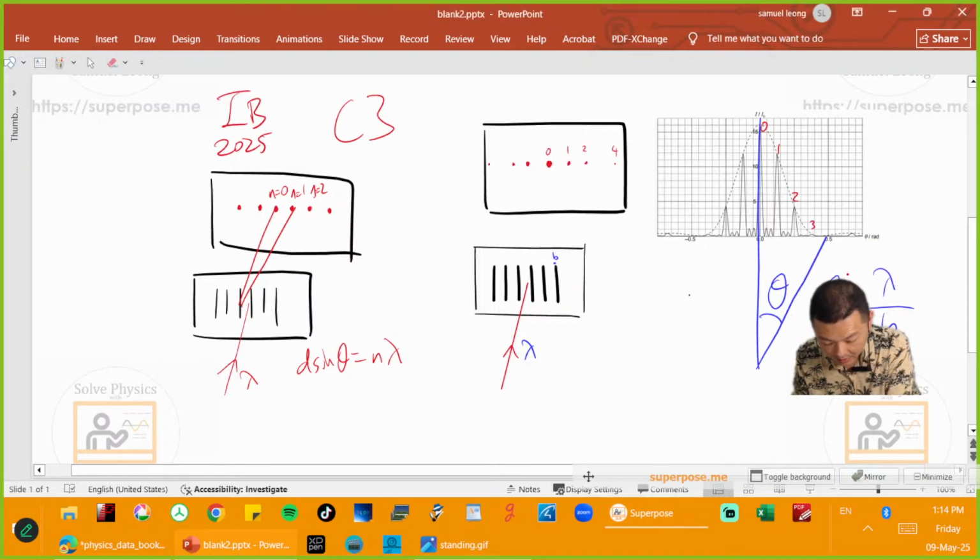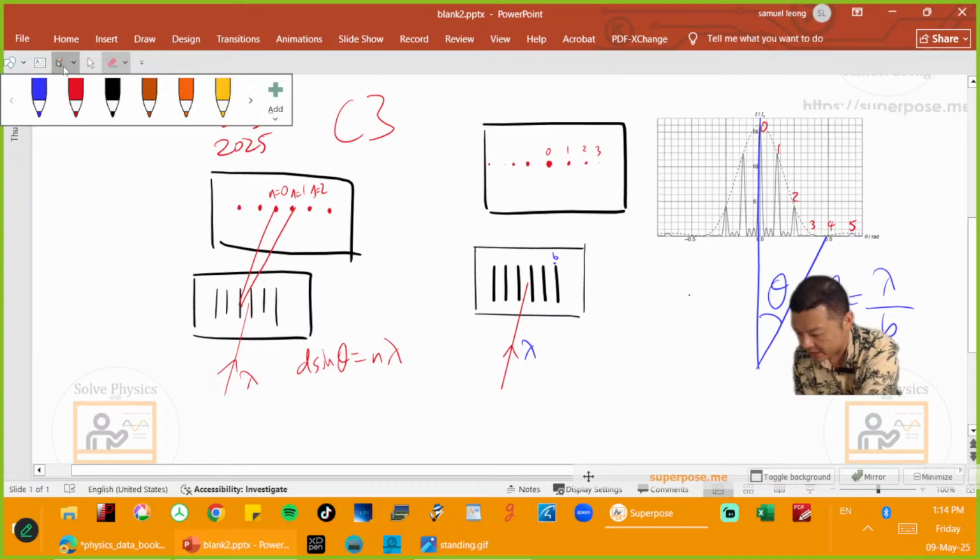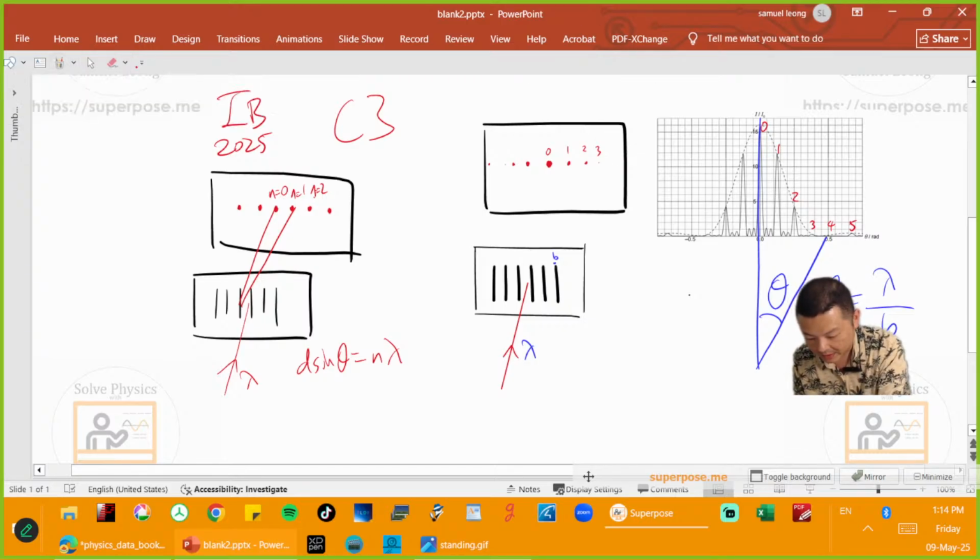So the fourth one is the missing one and the fifth one reappears later on. So it's basically the same as the original question, Jonathan's question. The fourth peak is missing.